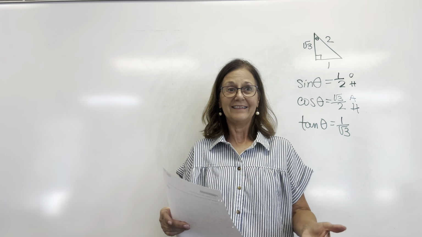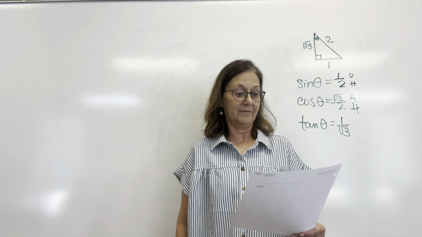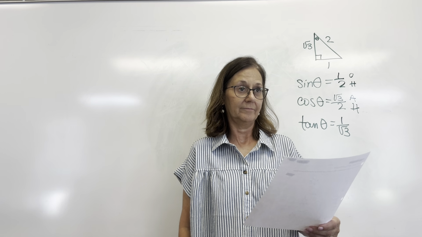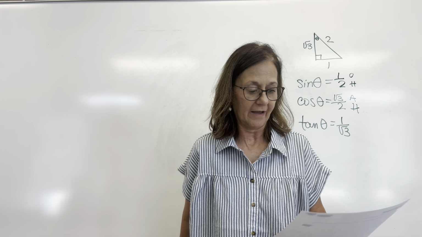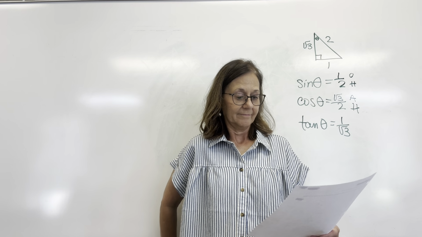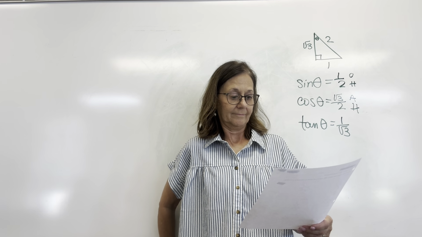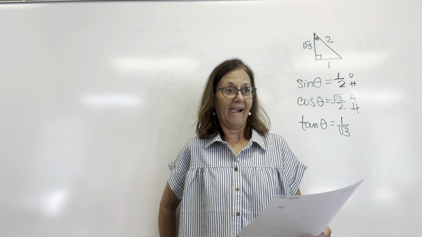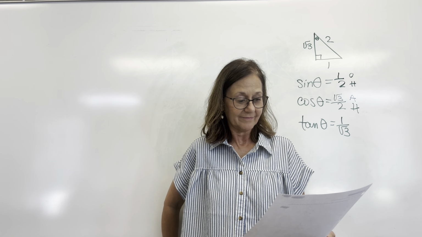Got it? Okay, we're going to go to number 5, Jonathan. The tan of A. Yes! 12 over 35.